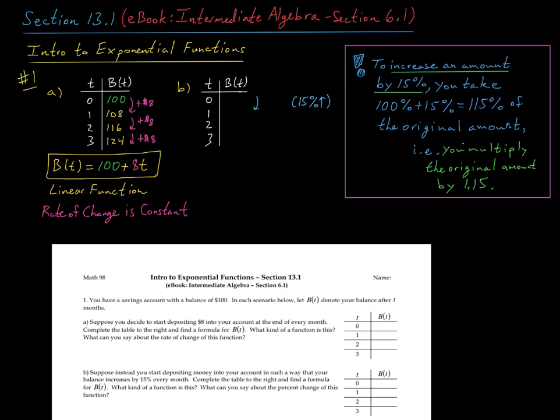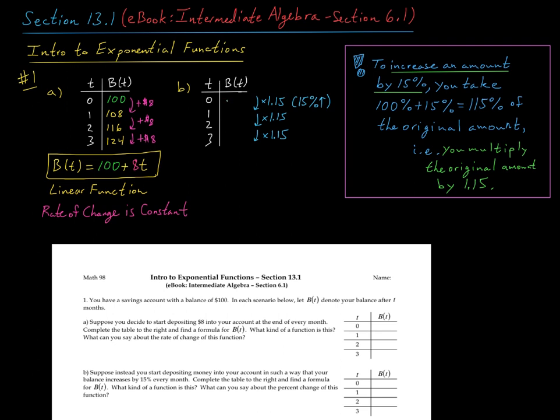Or put another way, you're really just multiplying that original amount by 1.15. So here, if I'm going to apply a 15% increase month to month, I'm now not adding, but rather multiplying by a fixed amount, in this case by 1.15. That's going to give rise to a 15% increase month to month.